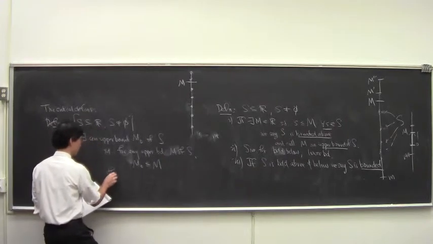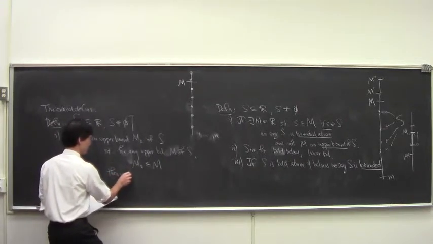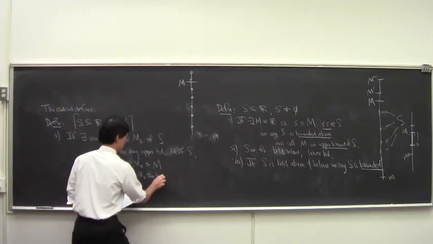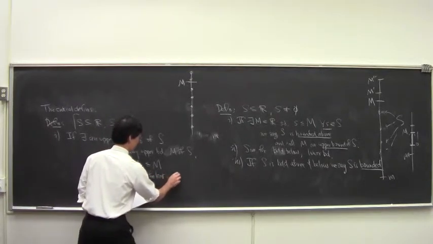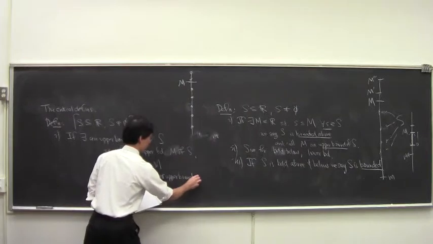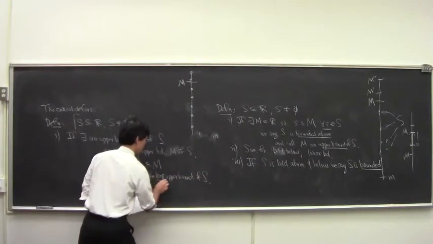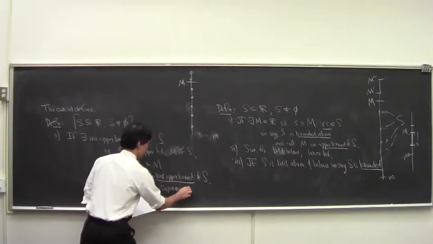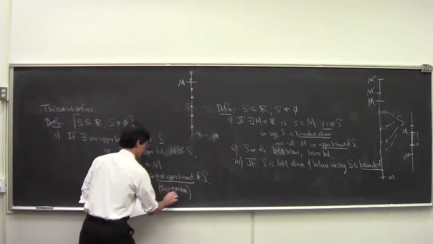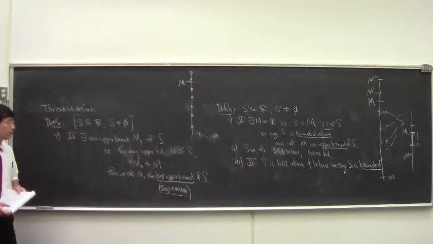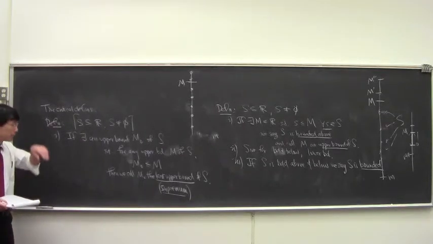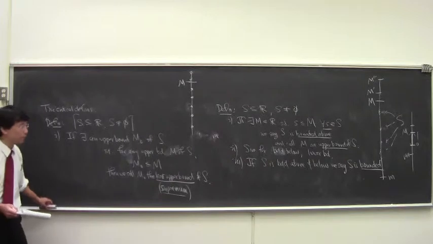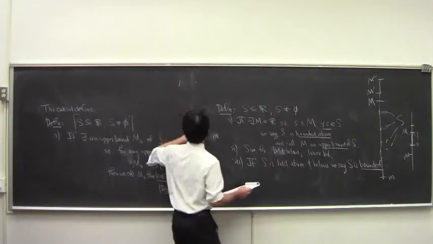Then we call m naught the least upper bound of S. Least upper bound, also called the supremum. I like the terms least upper bound better than supremum, but you should know the term supremum.